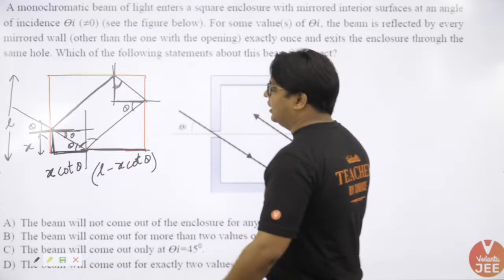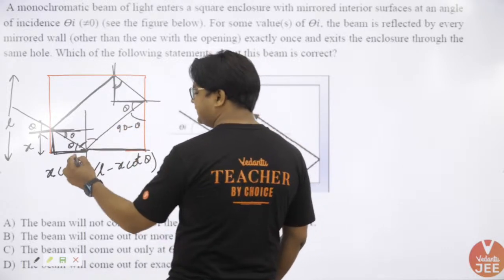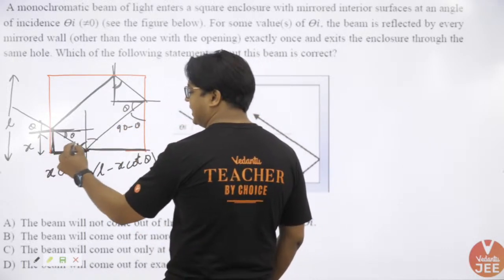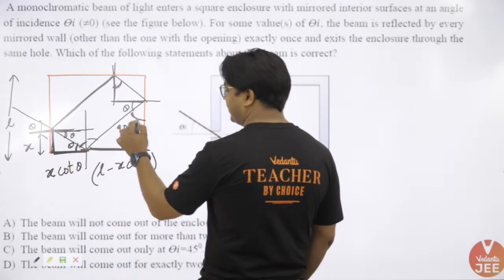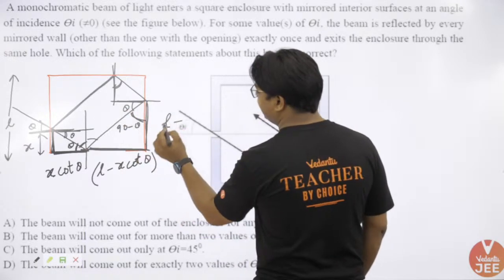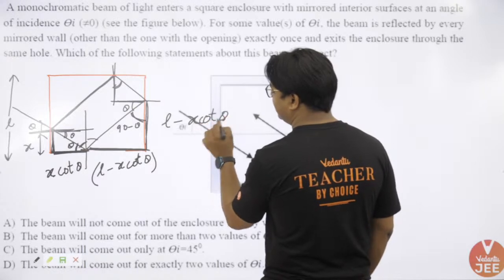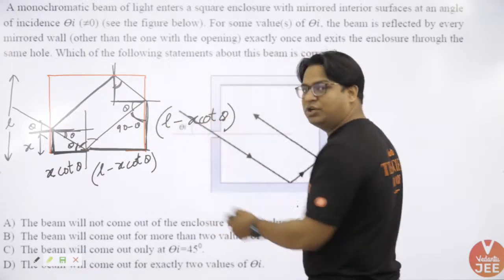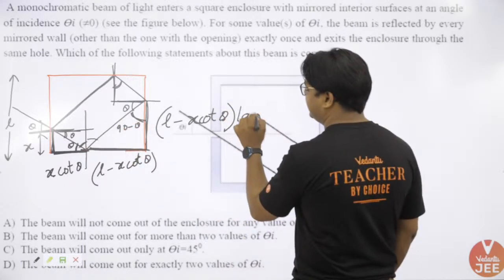This angle is 90 minus theta. Now, just as we wrote this length using this length and this angle, similarly, we are aware of this length and this angle, so we can write this length. So this length will become (L minus x cot theta) into cot of this angle, which is tan theta.